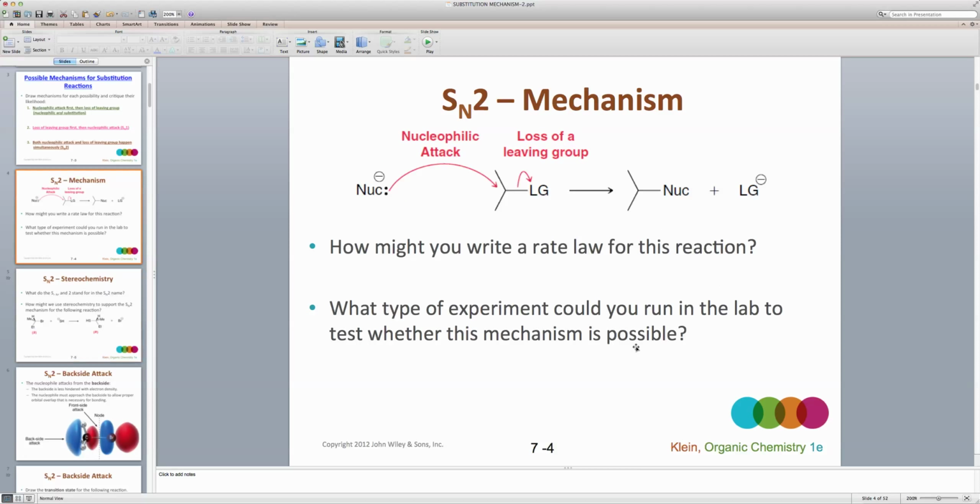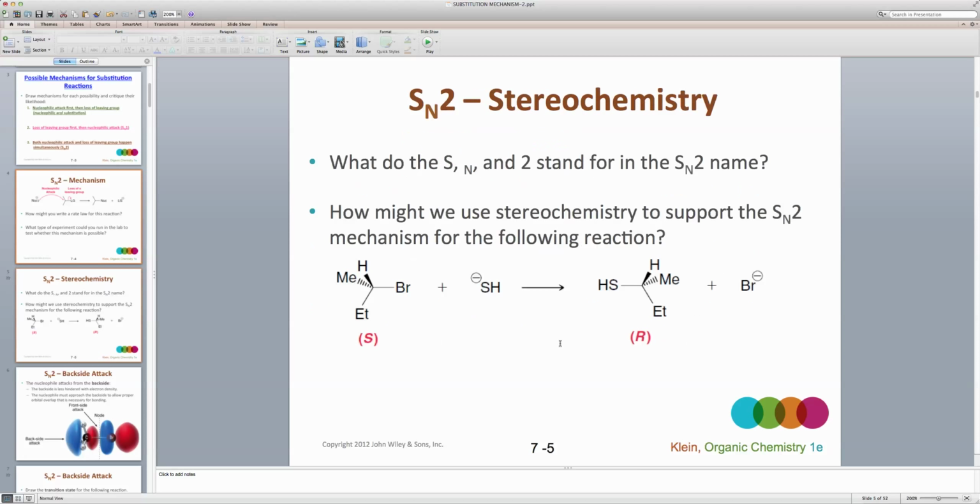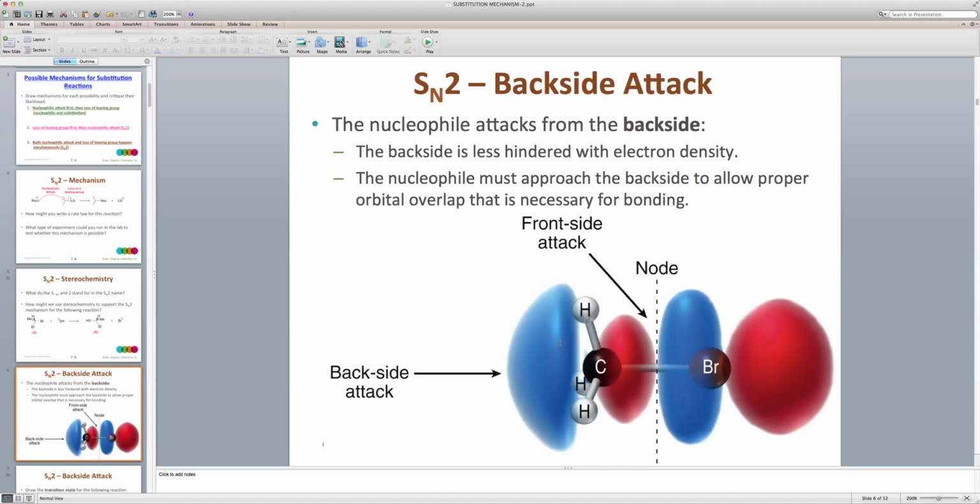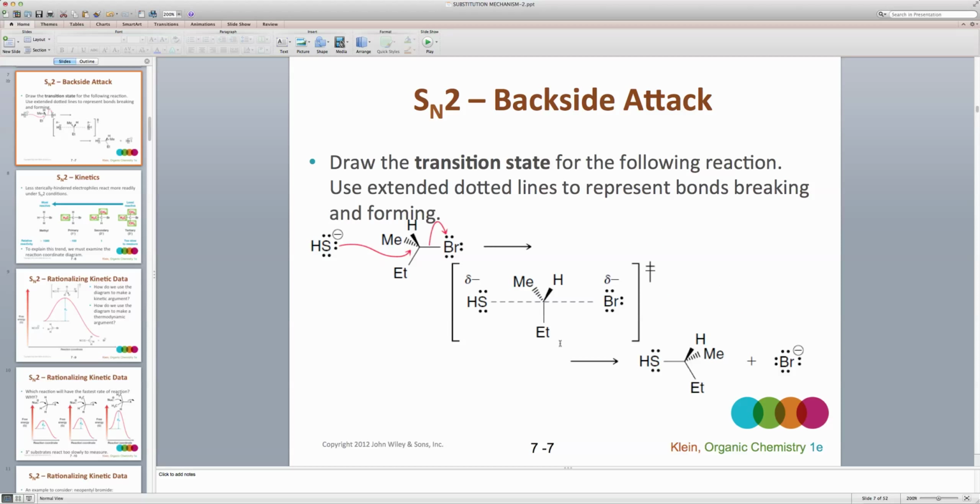Now, to give you a better idea of what this looks like, let's take a look at the transition state. So when we push our arrows, notice the sulfhydryl is going to attack the electrophilic carbon.